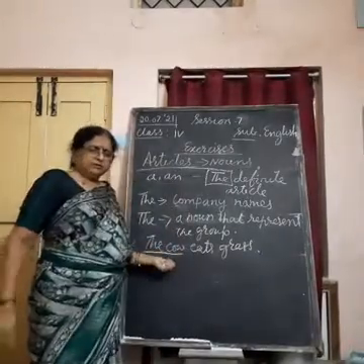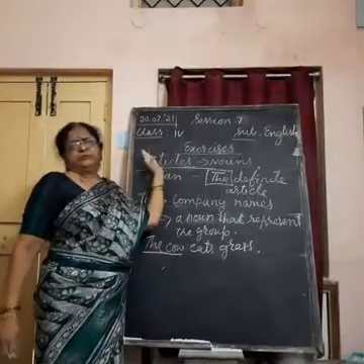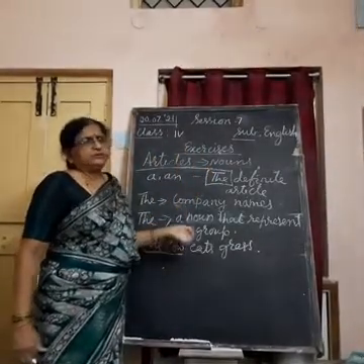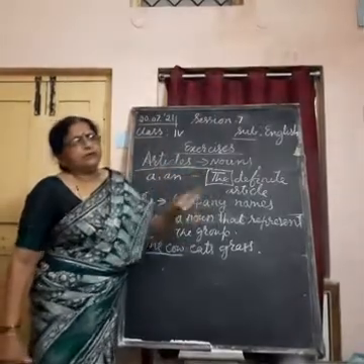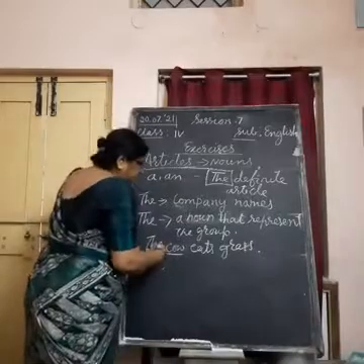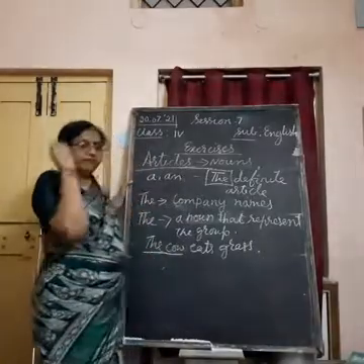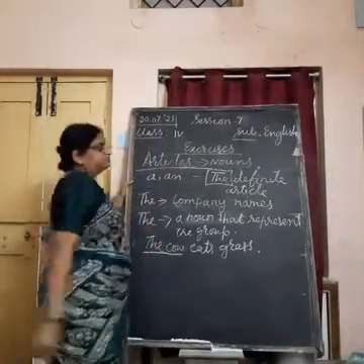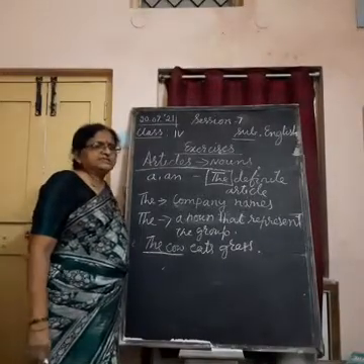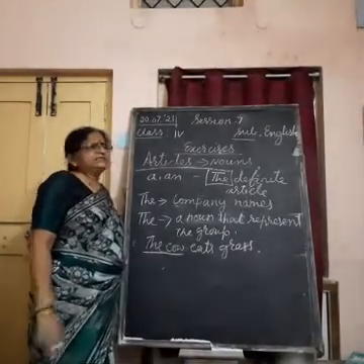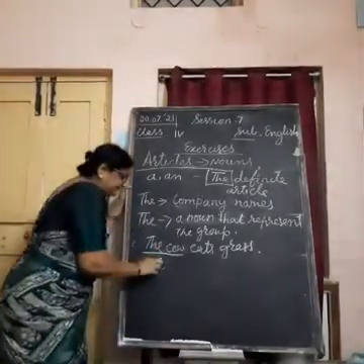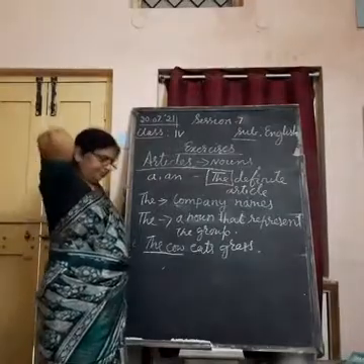Cow is singular. Till now, what did we learn? When reading a and an, a is used with singular words with consonants. A cow, a bat, a man, etc. But here the cow, when it is representing the whole group, the dog is a faithful animal. Means each and every dog is faithful. That's why one single thing represents the whole group.